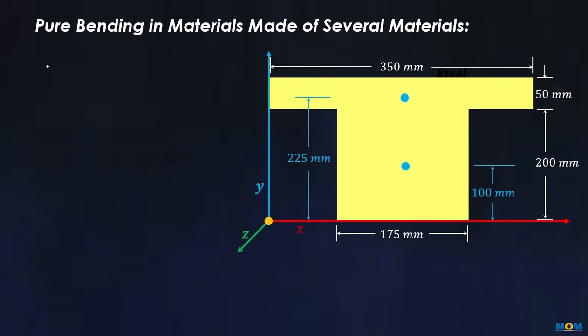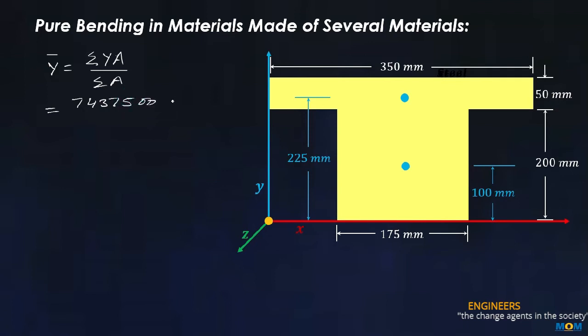Now using these values in the centroid expression, that is the summation of the product of individual centroid to area upon the summation of area. So this is 7437,500 millimeter cube upon 52,500 millimeter square.